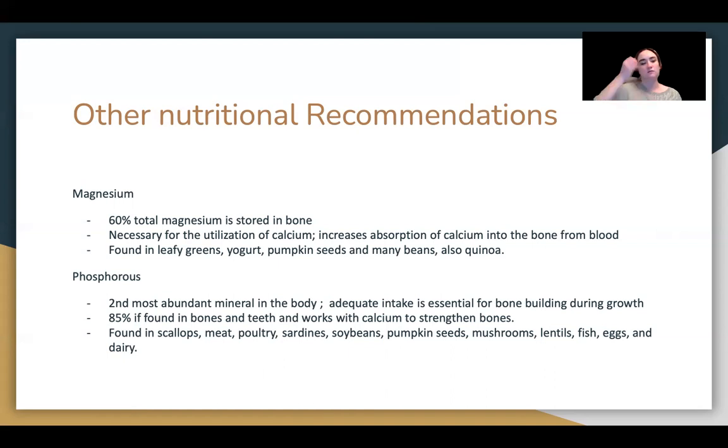Phosphorus is the second most abundant mineral in the body. Adequate intake is essential for bone building during growth. 85% is found in bones and teeth and works with calcium to strengthen bones. This is also found in scallops, meat, poultry, sardines, soybeans, pumpkin seeds, mushrooms, lentils, fish, eggs, and dairy.